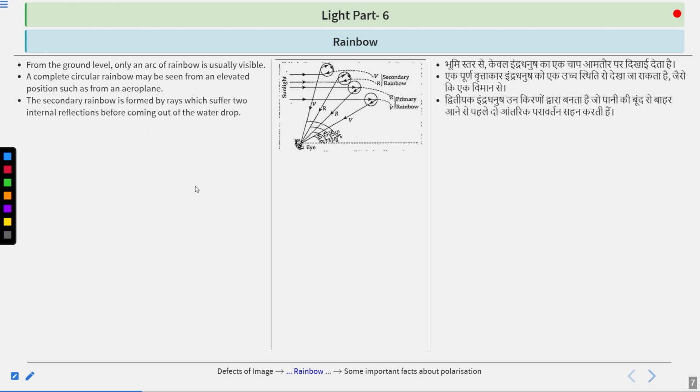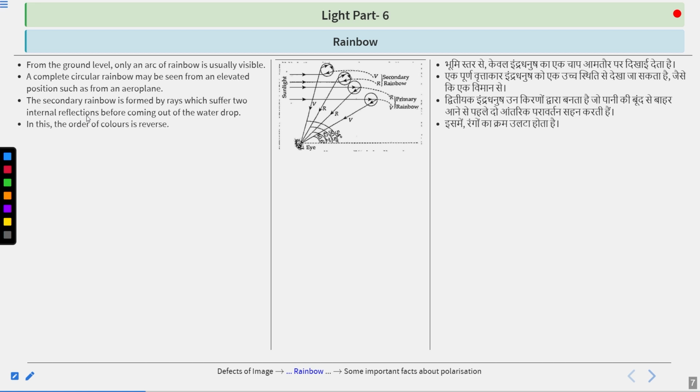The secondary rainbow is formed by rays which suffer two internal reflections before coming out of the water droplets. Like for the primary, only a refraction, an internal reflection, and then a refraction, and dispersion will happen at both the refractions, first and last. But for the secondary, the rays go through two internal reflections before they come out of the water drops.